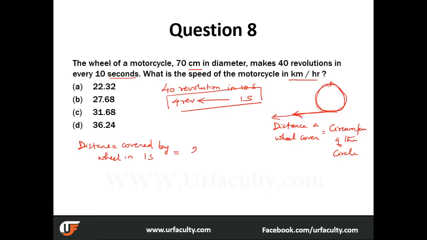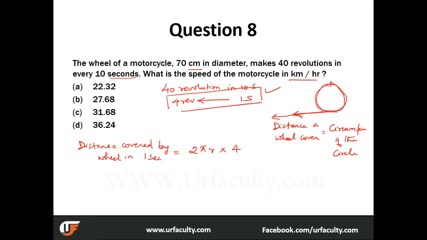And what is circumference of the circle? 2 pi r, right? And what else are they saying? It makes 4 revolutions in a second, right? As per our calculation here. So we'll put 4.